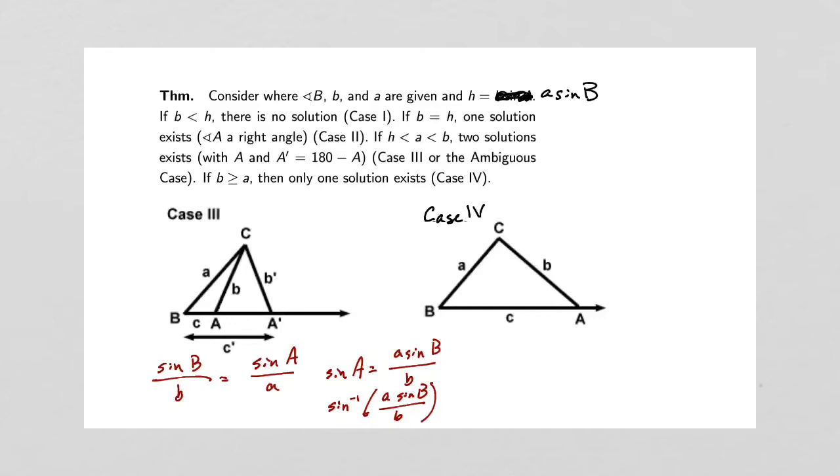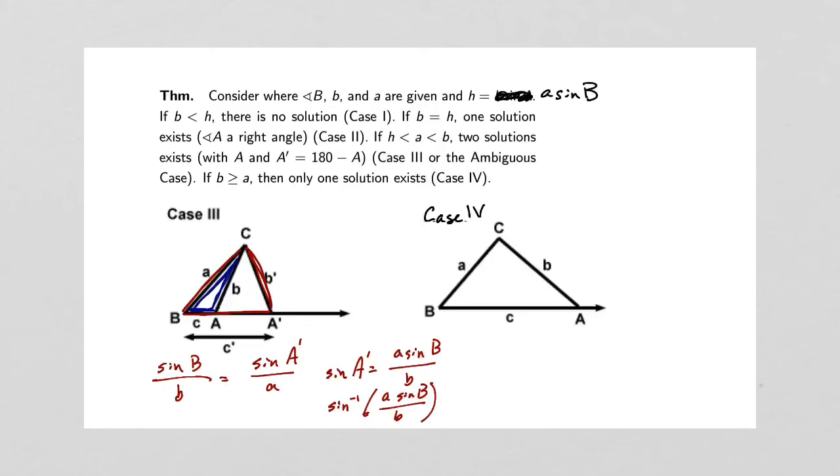And remembering that inverse sines will only ever give us acute angles, that means that the answer that you'll get out of this is going to be the bigger triangle here that has an acute angle for A. Of course, in this case, it makes reference to it as A prime, right? Okay, so the nice thing that happens then is that the other solution that we might get, that I'll draw in blue here, that other solution has to have the side b having the same length as it did before.